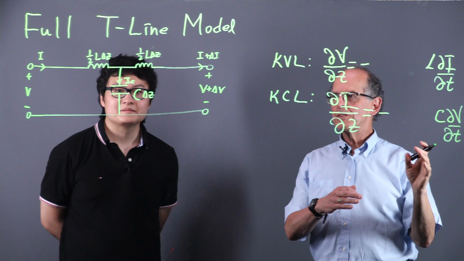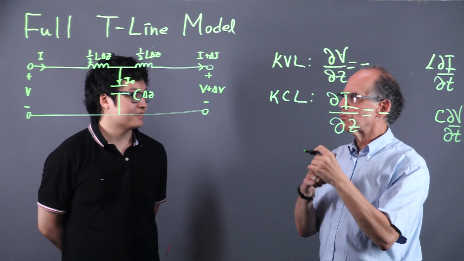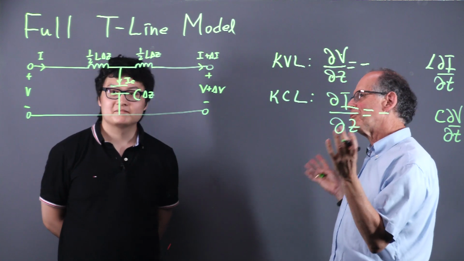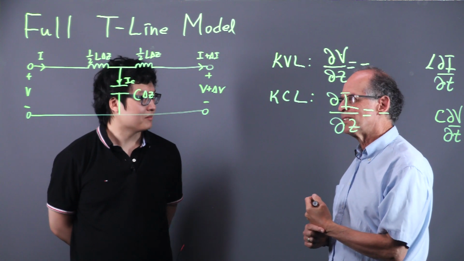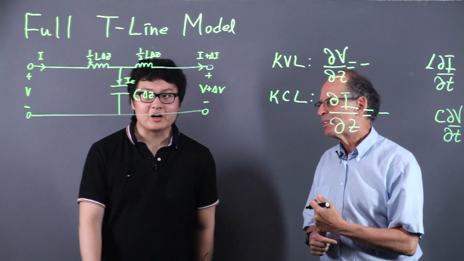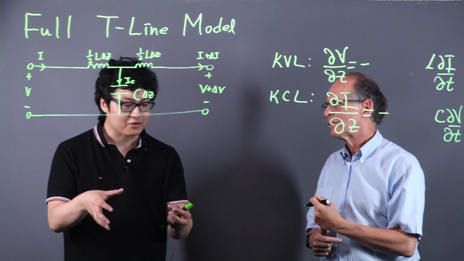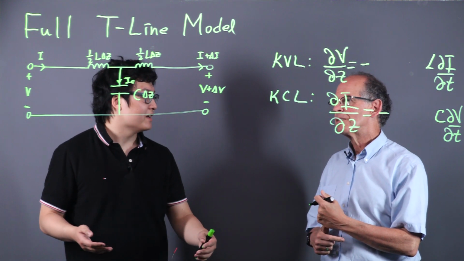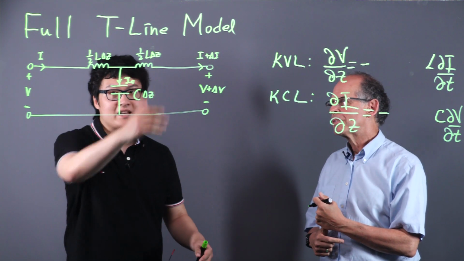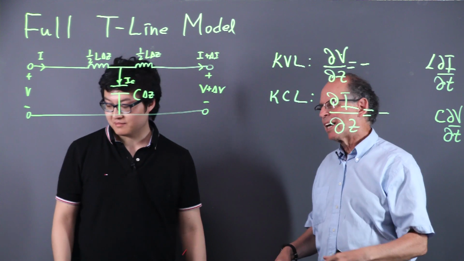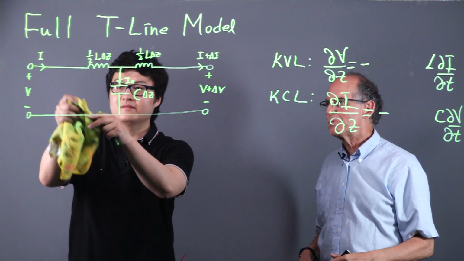But before we do that, let's have a picture of what we expect to see in a full transmission line model. It's pretty obvious that in any conductor you would have some sort of resistance inside. So what if we just add some series resistance here? Let's put that in to start with and see if that's complete or not.